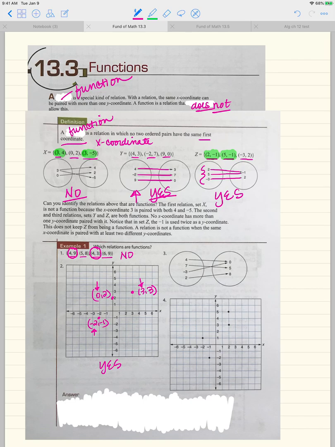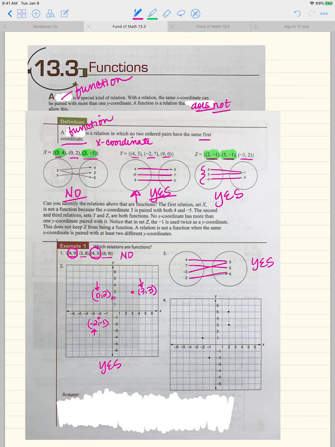Number 3, we have a circle mapping, okay? We have 4 to 0, 7 to 5, -3 to 0, and 2 to 8. Is this a function? Yes, it is. It is a function because each of the x values is unique.